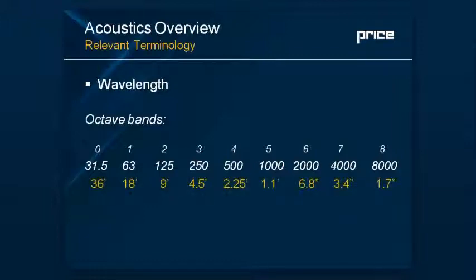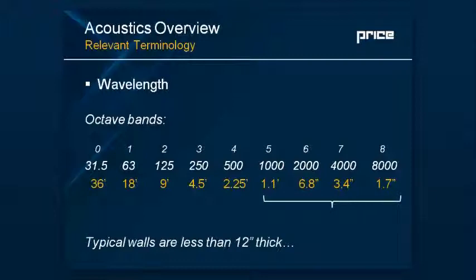And with the wavelength itself, in yellow there, you kind of get an understanding of how long these wavelengths are. So the lower frequencies have much longer wavelengths, and this is one reason that they oftentimes are able to travel and be more disruptive because of just their natural length.